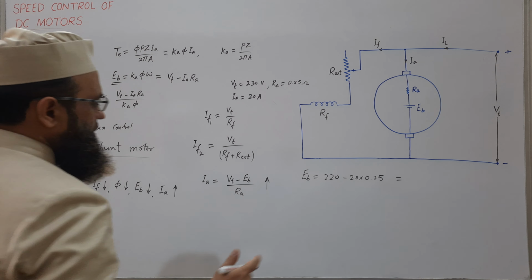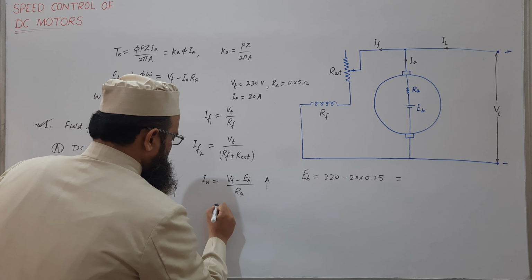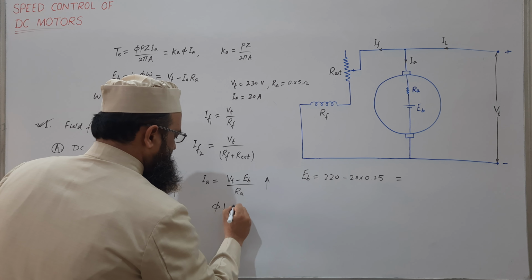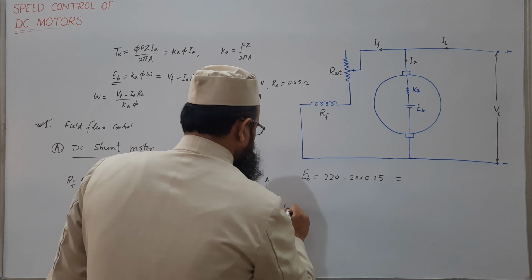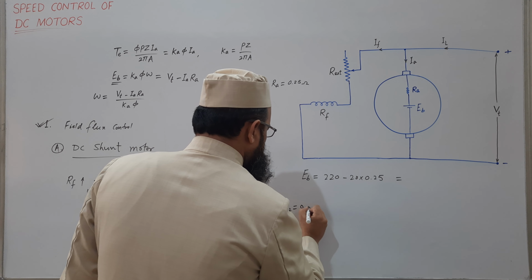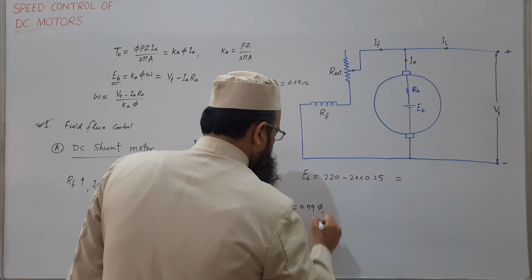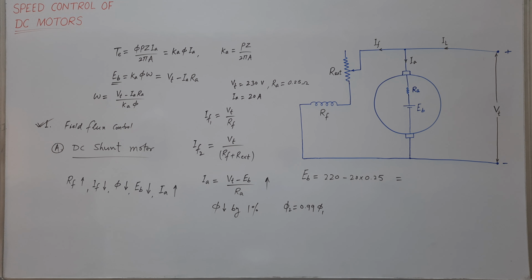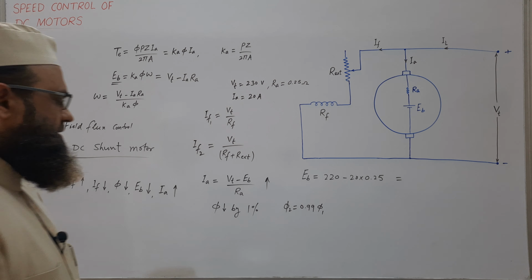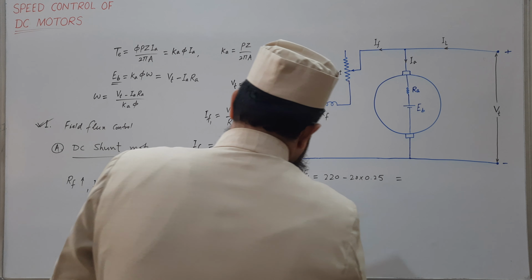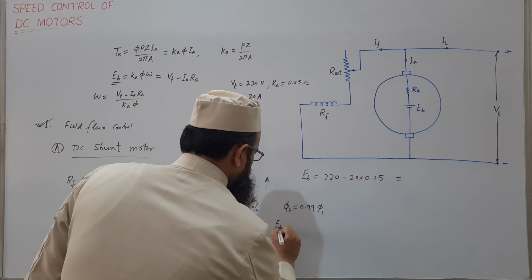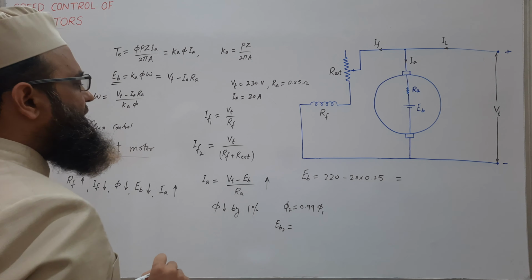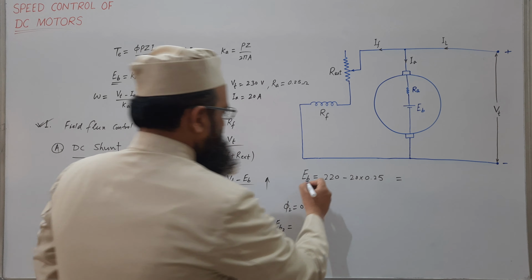Now let us decrease phi by 1%, so that now phi 2 becomes 0.99 phi 1, fine. Now the corresponding back EMF, let us write this as Eb1.